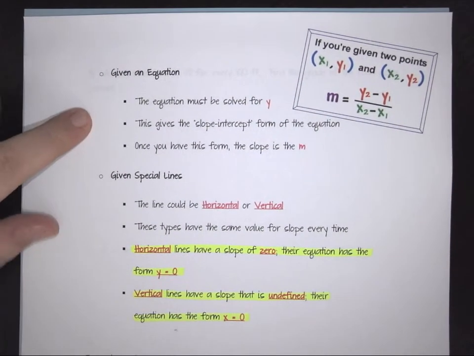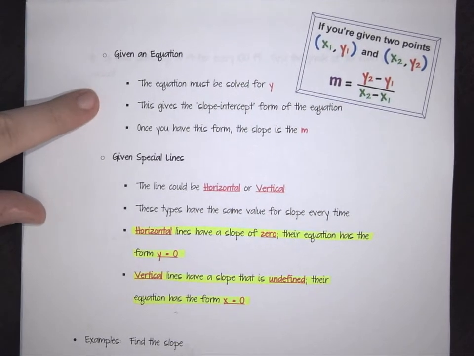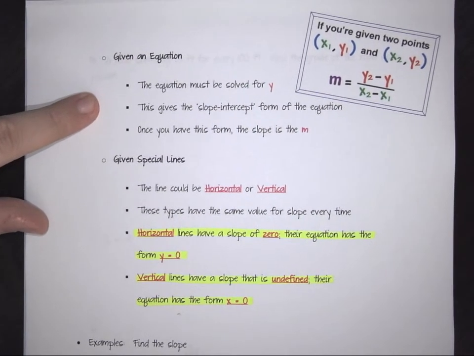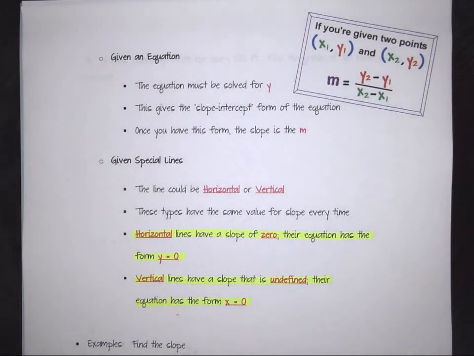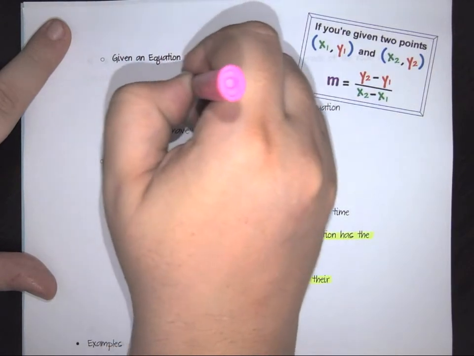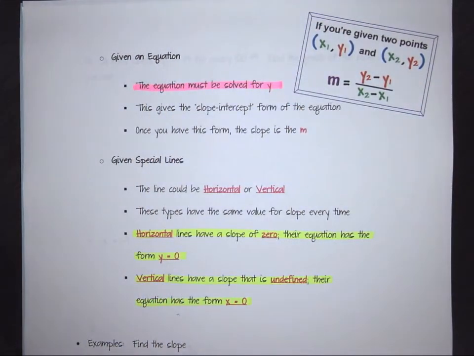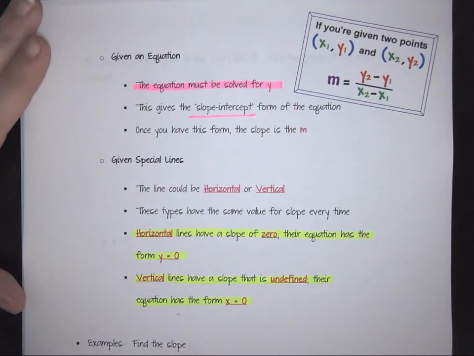Now with that, we could be given an equation. And so if we're given an equation, there's a few things that must happen. First, your equation must be solved for the y value. Doing this is going to give you that slope-intercept form, which is what we want.